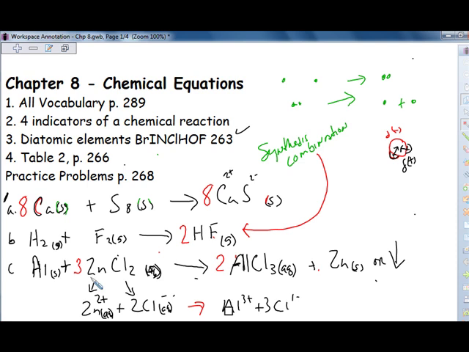So now you got to go back and straighten that out. You've got 3 zincs here and 1 here, so what are you going to do? Put a 3. You've got 2 aluminums here and 1 here, so what do you do? Put a 2. Okay? Now, double check. Make sure that this is a smallest whole number ratio, 2, 3, 2, 3, and it is. Can't reduce that any further, right? It's a balanced chemical equation.